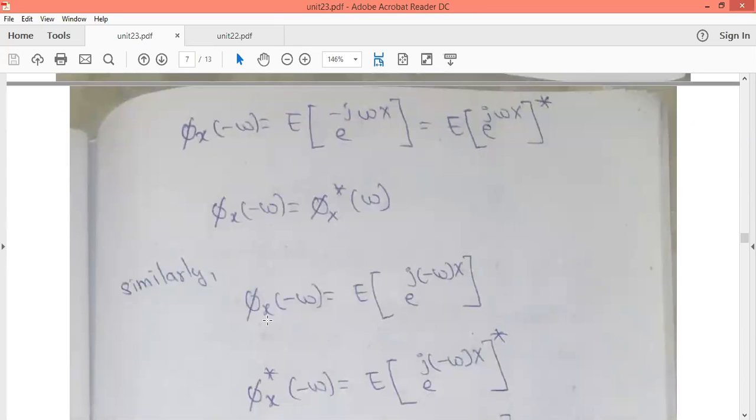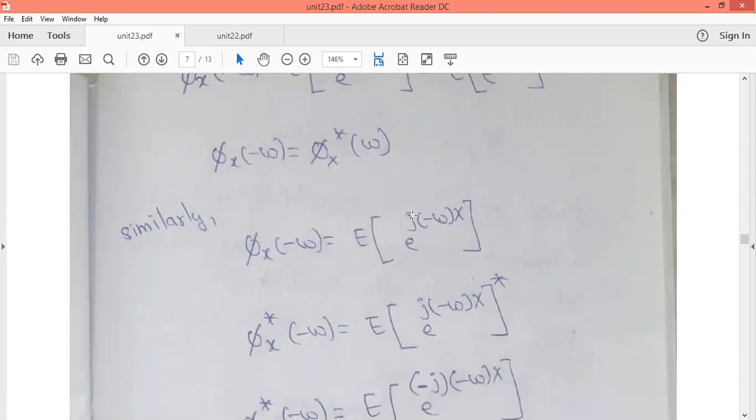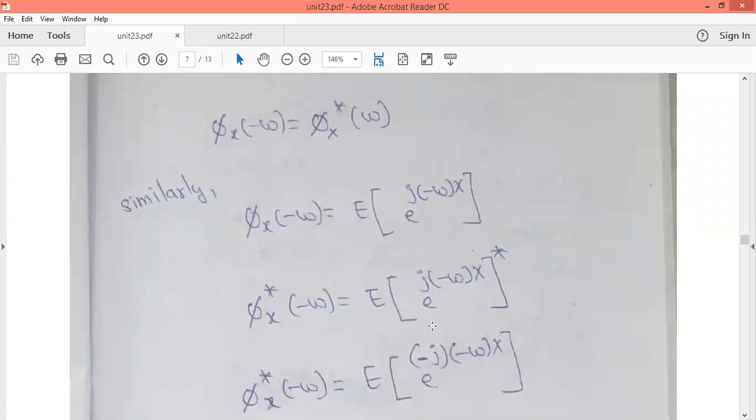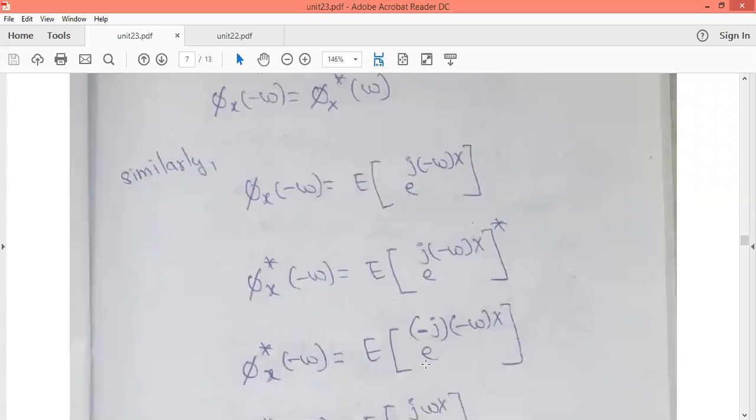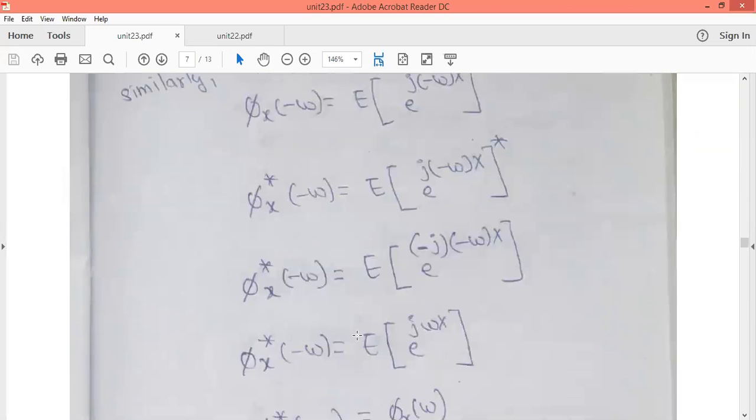Similarly, phi x star of minus omega is equal to what? Expectation of, here omega should be replaced with minus omega. Now if you apply the conjugate, what happens? You bring this conjugate to the terms inside, and this plus j will become minus j. So here we get e power minus j minus omega x, which is the expectation of e power j omega x.